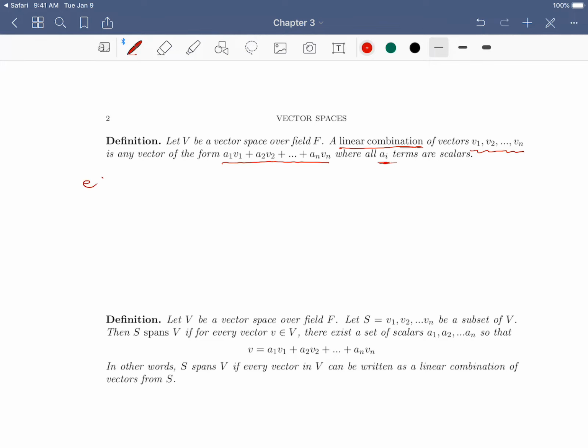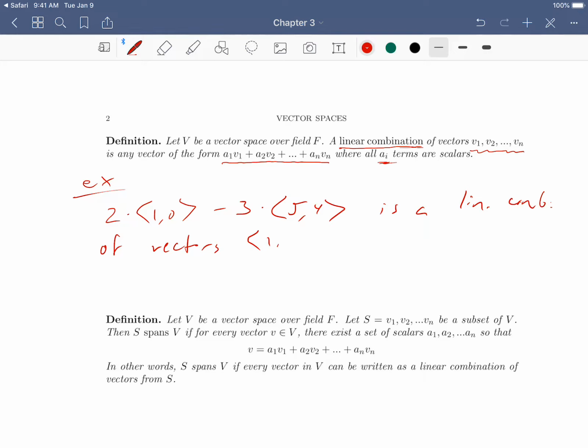For example, I can do 2 times (1, 0) minus 3 times (5, 4). That's a linear combination of the vectors (1, 0) and (5, 4).